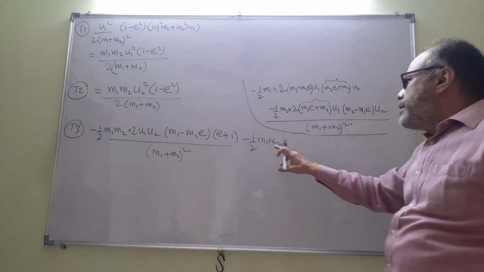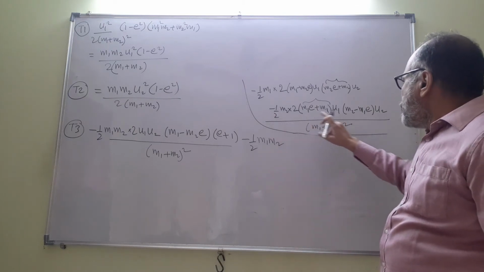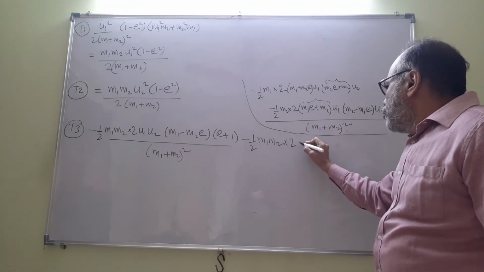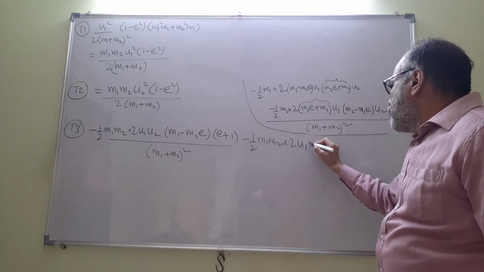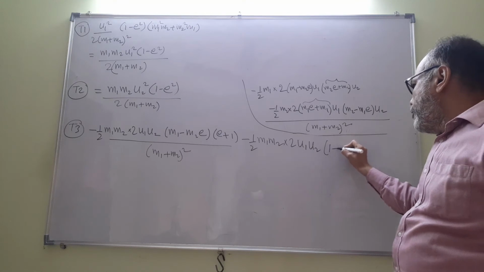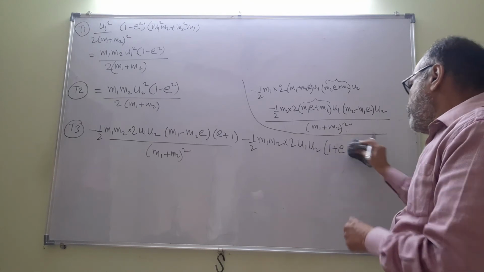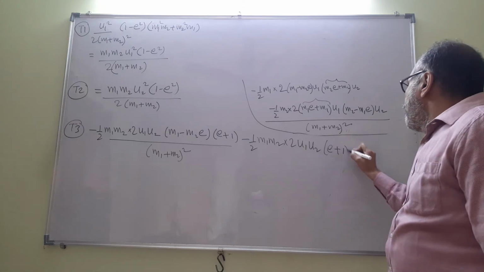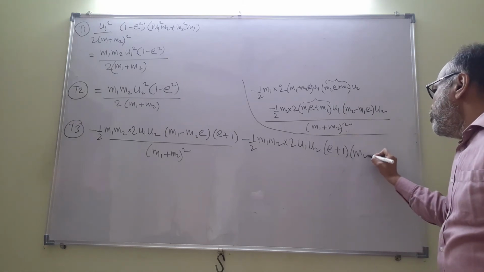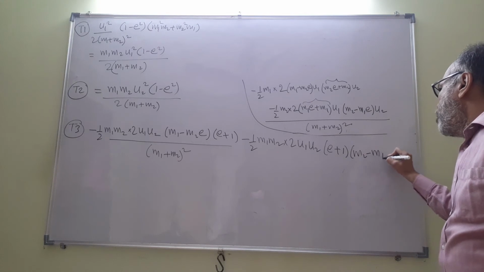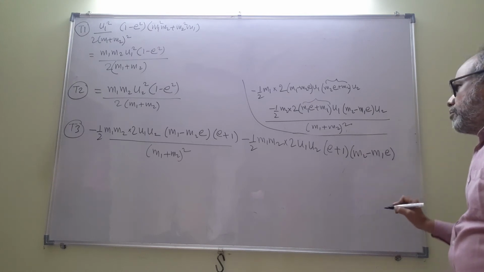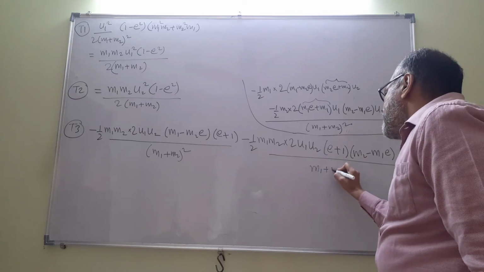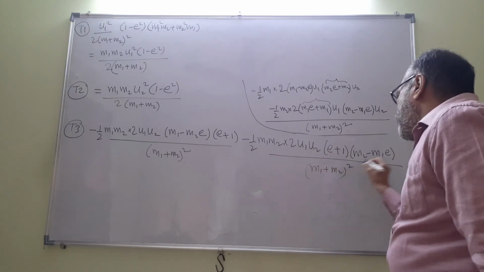So my minus m1 into m2 into 2 u1 u2. Here you will have 1 plus e or e plus 1 if you write it as this, e plus 1, and here you will have m2 minus m1 e by m1 plus m2 the whole square.